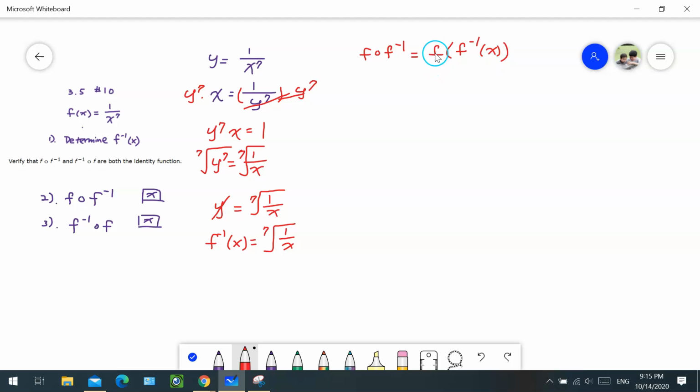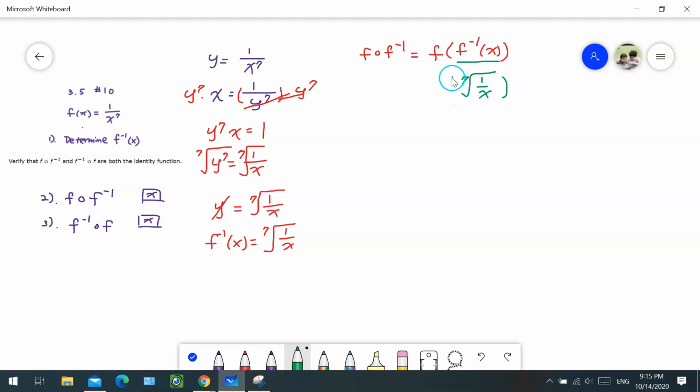So you turn to f of f inverse of x. The next step, we replace the inner function. We start from the inside function, f inverse of x. F inverse of x is the 7th root of 1 over x.